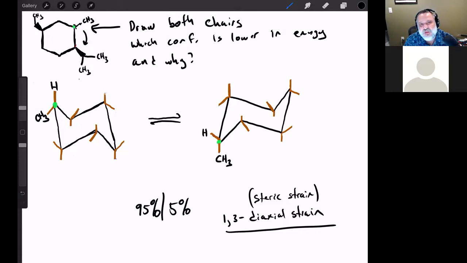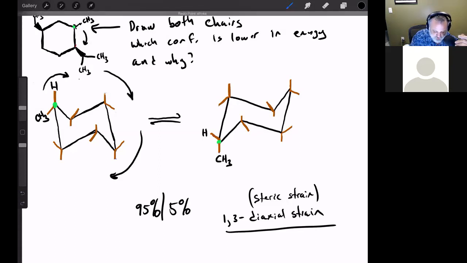Just to maintain a basic level of consistency and to avoid introducing any extra confusion, since I'm going clockwise in the picture on the top that's flat, in the actual chair conformations, I'm going to go clockwise as well. So this would be clockwise around the ring.